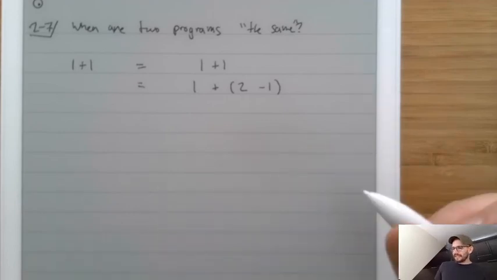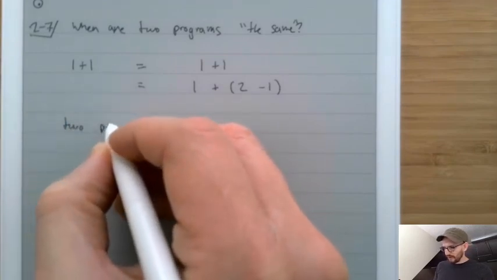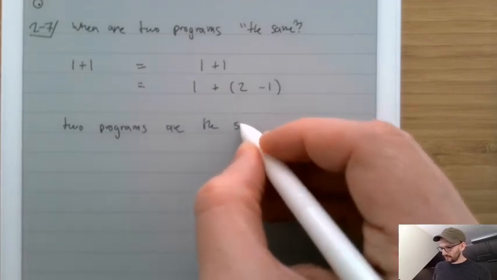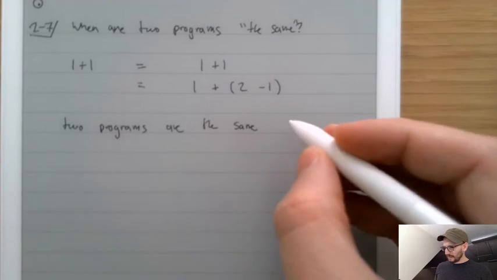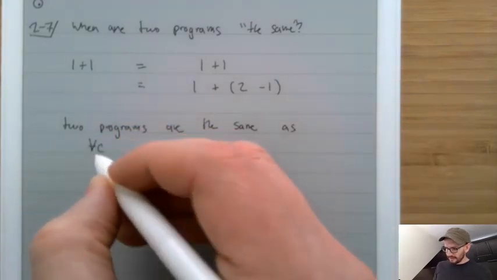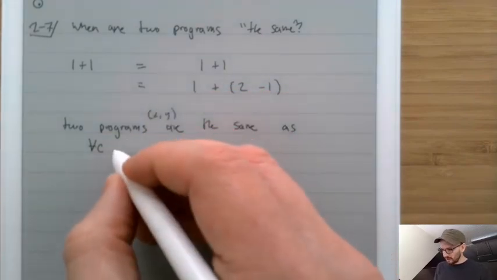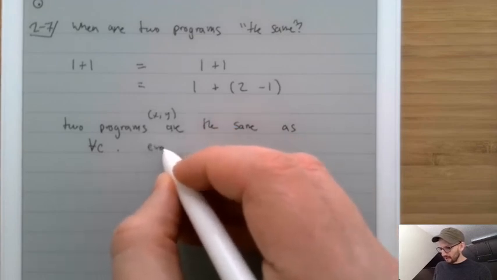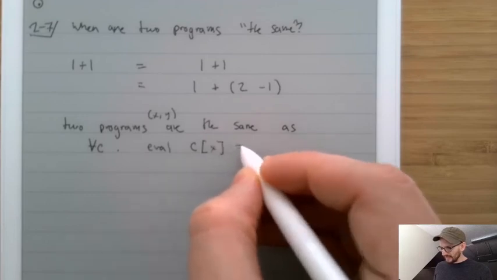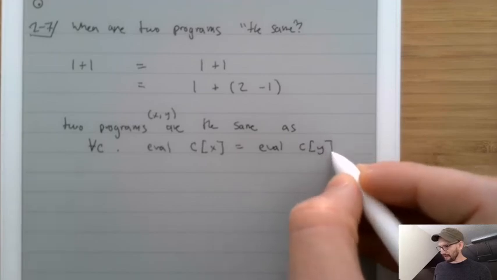Well, we can express this idea that 2 programs are the same as the following formula. We would say, for all contexts, 2 programs x and y are the same if for all contexts, when we evaluate a context where we fill it with x, it's equal to the same thing as when we evaluate a context and fill it with y.